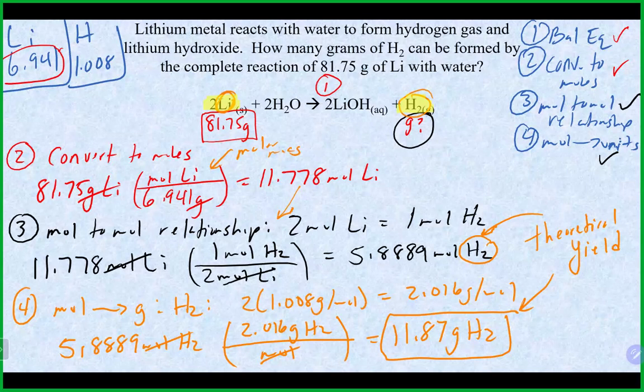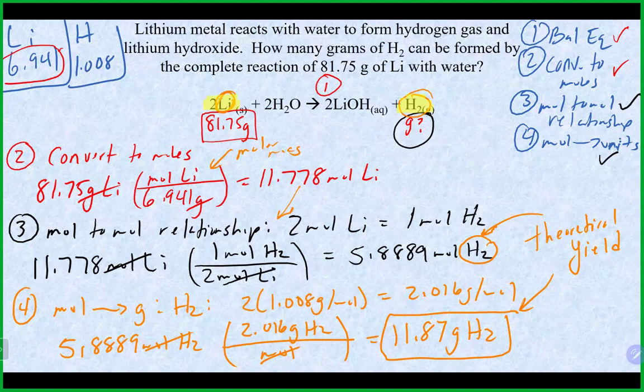If everything went perfect, there were no side reactions, you weren't a klutz and spilled it all over the floor, everything went perfect. This is in theory, which is why it's called theoretical. This is in theory how many grams you should actually produce in this reaction. It's like your maximum amount of product that you would be able to produce in this reaction.